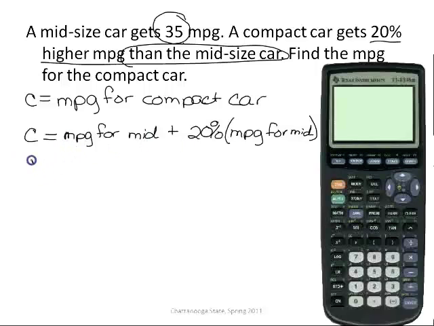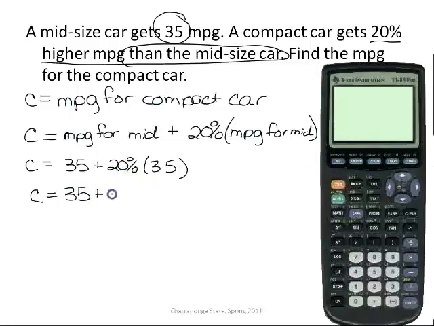The mileage for the mid-sized car, we know, is 35. So we would have 35 plus 20% of 35. So that's going to give us, let's see, 35 plus 20% of 35 is 7.